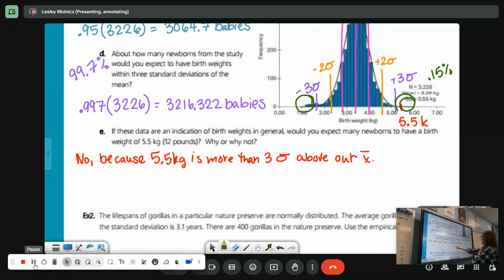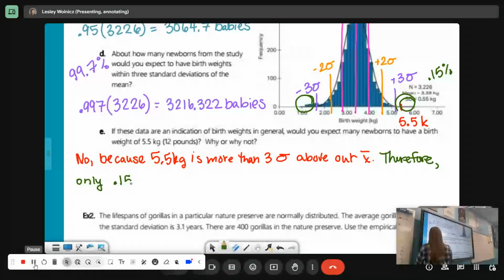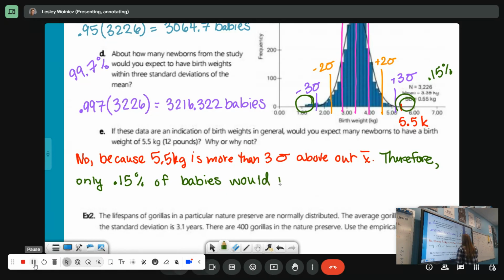Okay, so therefore only 0.15% of babies would be above 3 standard deviations from the mean.